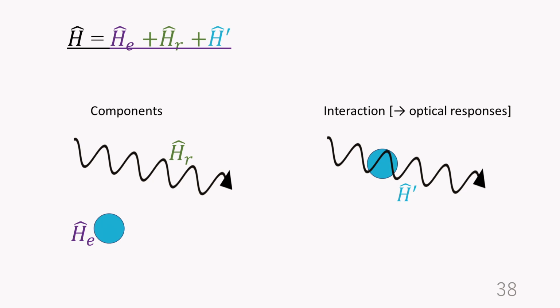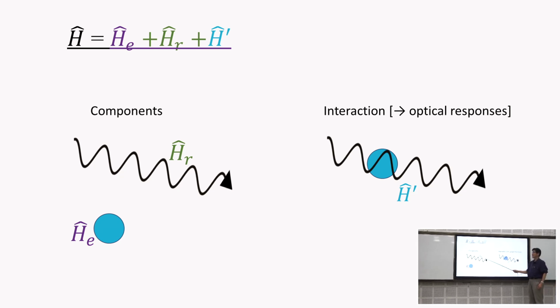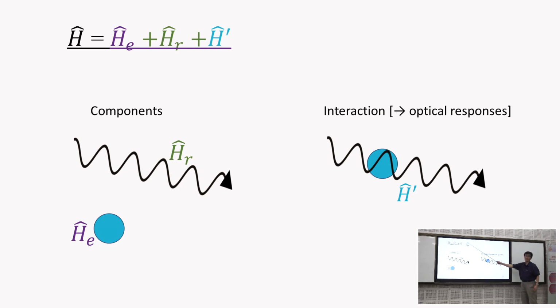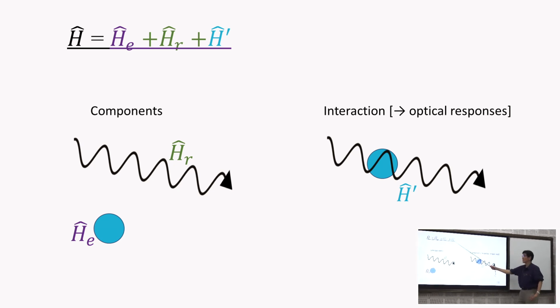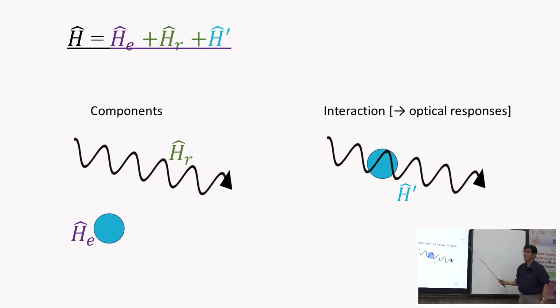Where there is a radiation and where there is a molecule, there are the Hamiltonians HR and HE. Okay, interaction occurs, then we need to consider H prime as an additional term. This is smaller than HE plus HR, so this is treated as a perturbation. And we formulate optical responses.